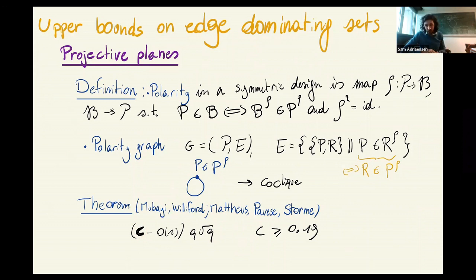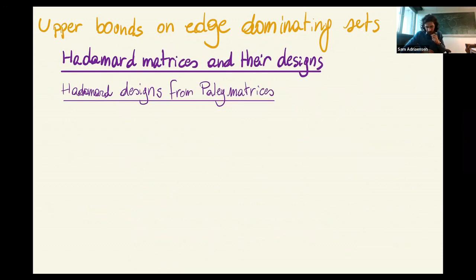We also looked at some other designs. There are some very nice constructions of Hadamard designs. One of the constructions is from the Paley matrices. And so in this case, your Hadamard design looks as follows.